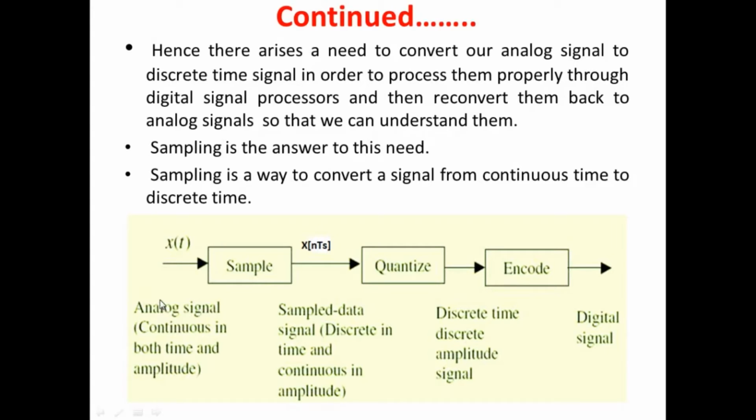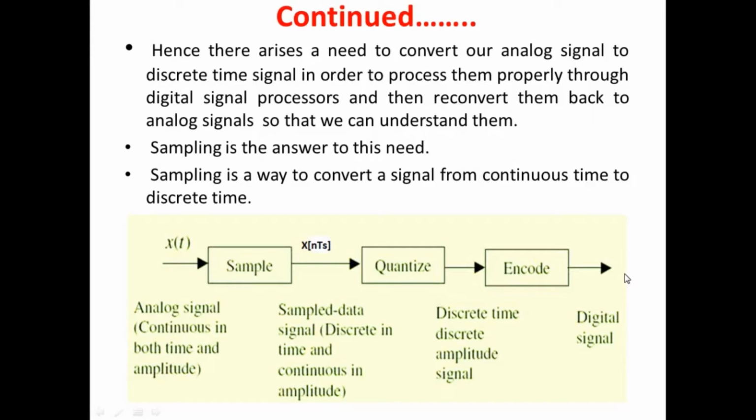Here at the sending end, we are sending some message, a purely original natural signal that we humans can hear. And this is the transmission medium. It is a digital communication. After the transmission medium, at the receiver side we expect some message signal, and we humans hear only the analog signal.